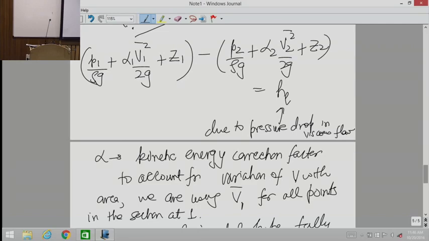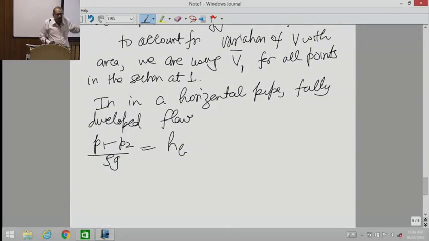So we get the pressure drop is what causes the head loss, and this pressure drop is caused by viscosity. Because the flow has to overcome a certain viscosity, and those viscous losses have to be provided for by the pressure. So the pressure is overcoming viscosity, and this is what we saw in the exact solution also, that there is no acceleration in a pipe flow, in a fully developed flow. So the pressure gradient is basically accounting for the head loss.